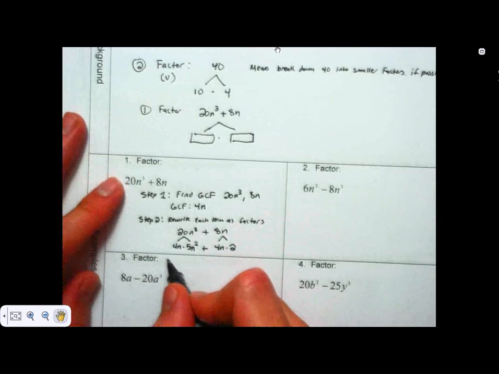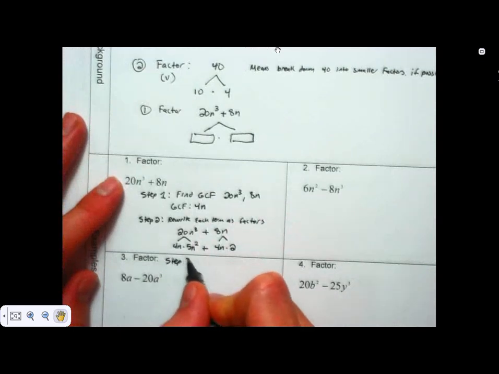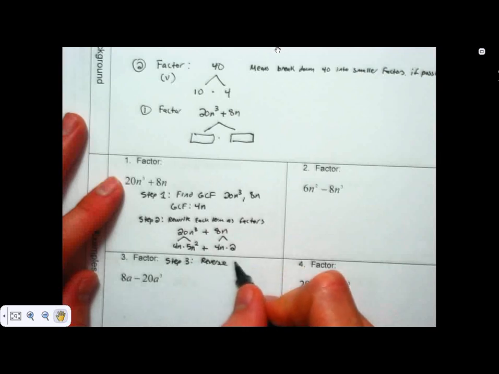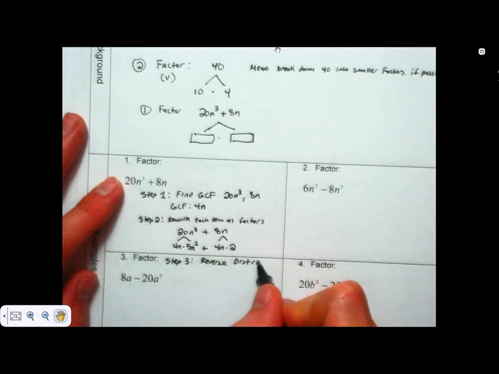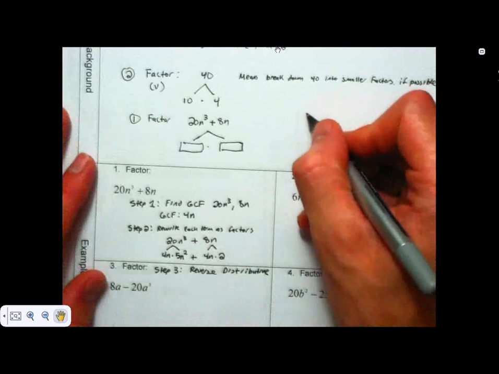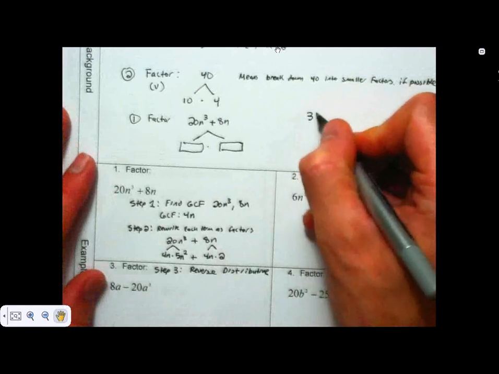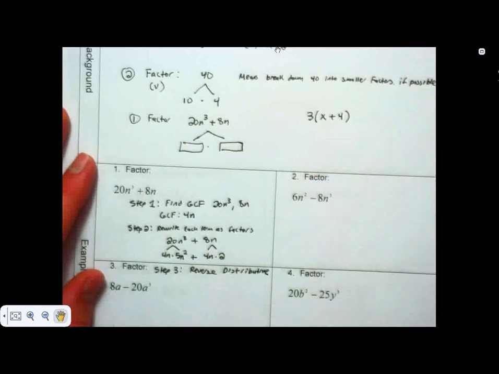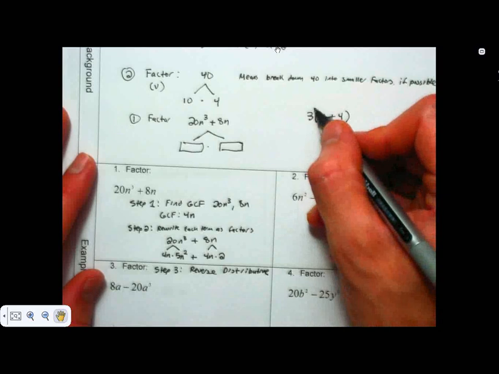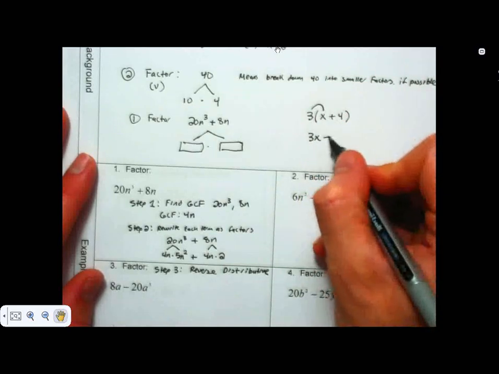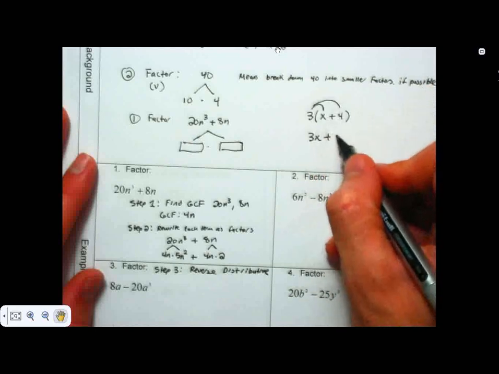Okay, step 3 in the process is what I call the reverse distribute step. We're going to use the distributive property, but in reverse. To prepare you for that, I just want to show you something. If I have 3 times the group x plus 4, if I were distributing, I would take the 3 times the x, which is 3x, plus the 3 times the 4, which is 12.